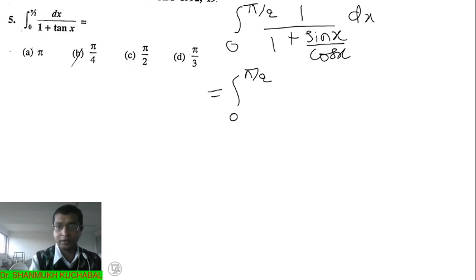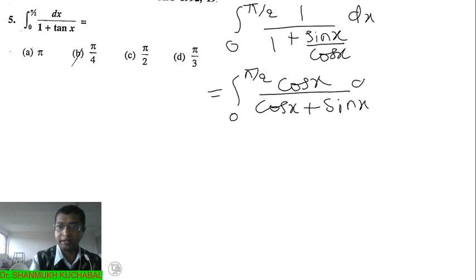So the LCM is cos x plus sin x divided by cos x. Transposing it to the numerator, we get cos x divided by cos x plus sin x into dx.